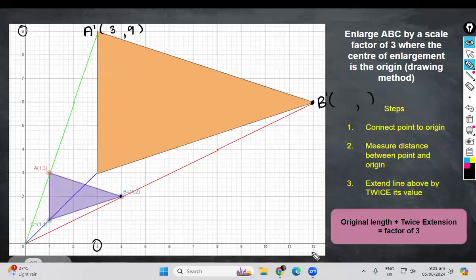And what are his coordinates? 12, 6. And what do you call this point? He will be C prime, because he used to be C down here, 1, 1, and then he got 3 times larger. So he is 3, 3.